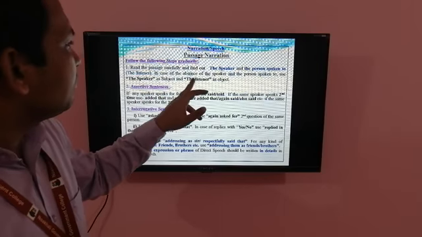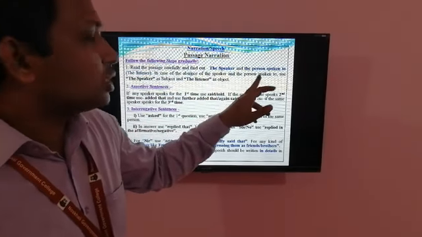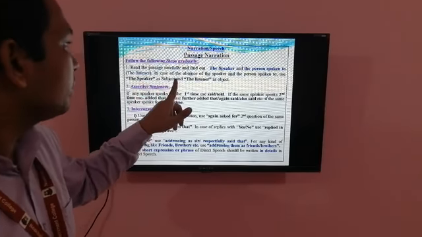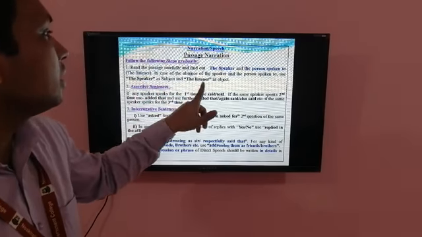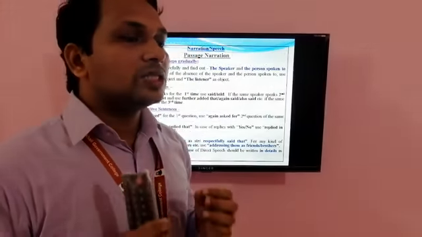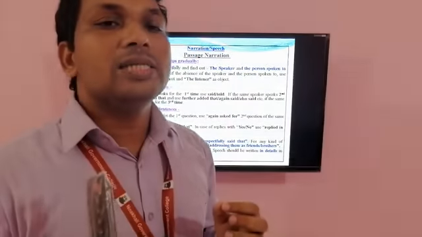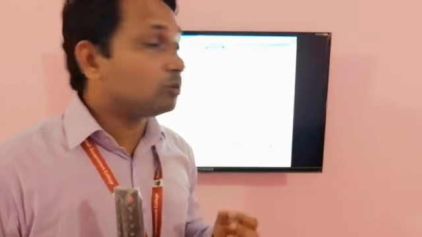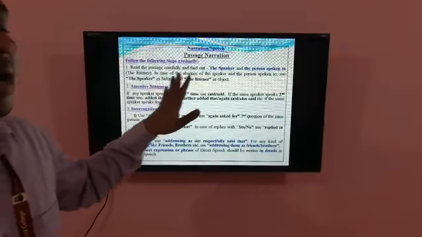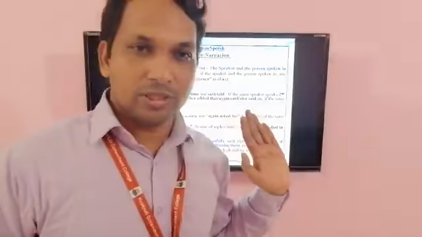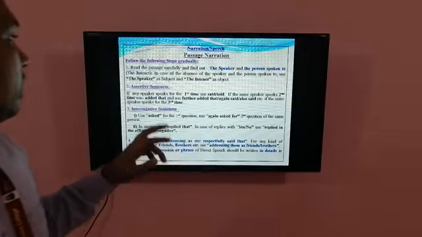In case of the absence of the speaker and the person spoken to, use the speaker as subject and the listener as object. Sometimes the speaker and listener are hidden and you cannot find them out. In that case, you have to use the speaker and the listener as subject and object. So this is the first point.